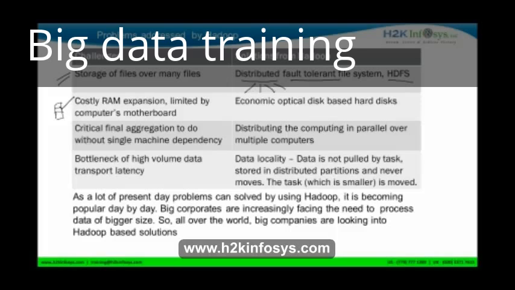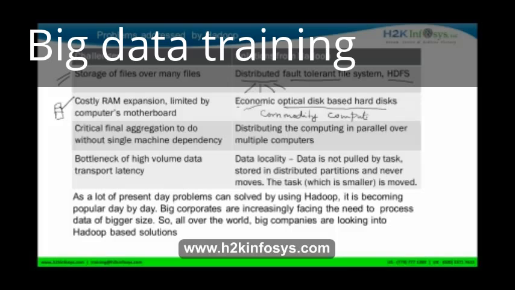But by the time Hadoop came up, the hardware companies had actually made optical disk-based hard disks, which were cheap, and multiple computers using those type of disks started being used in Hadoop clusters. These were actually called commodity hardware, commodity computers.